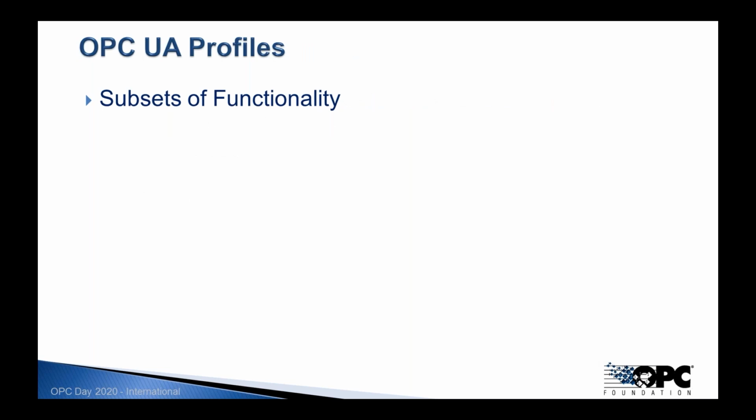Okay, so the OPC UA profiles are subsets of functionality. You don't always need all OPC UA features, so the profiles help you to identify which features certain products really support, if they support security, for example, if they support enough subscriptions for your needs, if they support PubSub or just client server and these kinds of things.